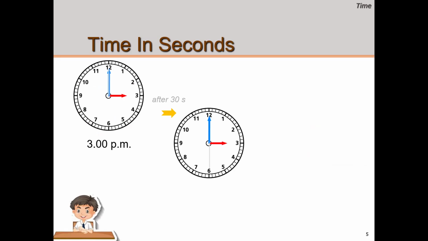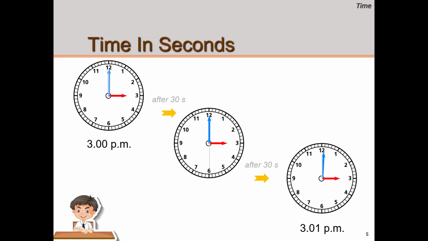Just look at the figure. The second hand, which was on 12, has gone to 6. Again, after 30 seconds, what will happen? This second hand will move on to 12. So the second hand, in the beginning it was at 12.